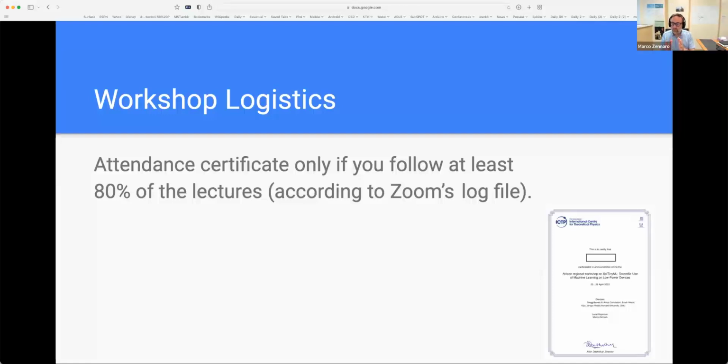So what we do is that we use the Zoom log file and we check the attendance of at least 80% to receive the certificates. Okay, so the certificates are automatically produced at the end of the workshop when the log file of Zoom says that you attended at least 80% of the lectures.